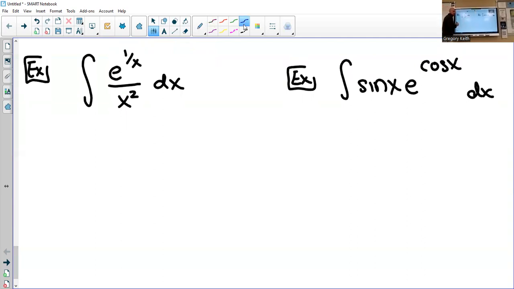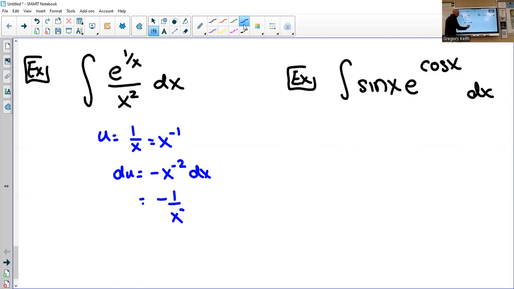What are we going to make our u for the first one? 1/x. All right, we're going to make that 1/x because if we make that x to the negative first power, our du is just -x to the negative second dx. Well, remember, x to the negative second, that's just -1/x squared.